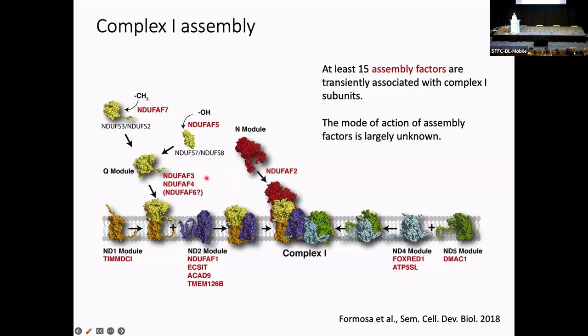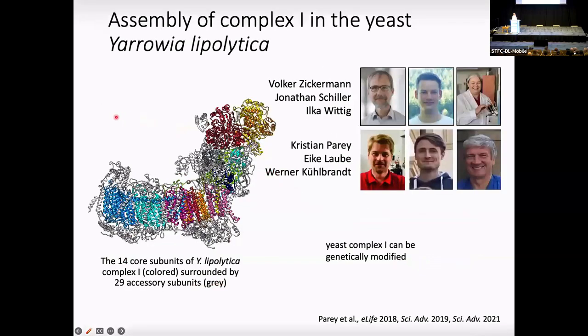But it's difficult to do this in humans, of course. So we use a model organism, a yeast that can be genetically modified. And this is a long-standing collaboration in Frankfurt of the group of Volker Zickermann, who has been working with the Yarrowia lipolytica complex 1 for more than 20 years, and with the Max Planck Institute, where I work, in the group of Werner Kühlbrandt, where we do the cryo-EM.